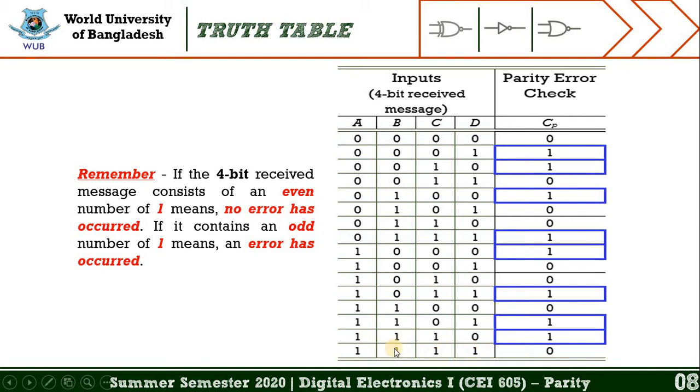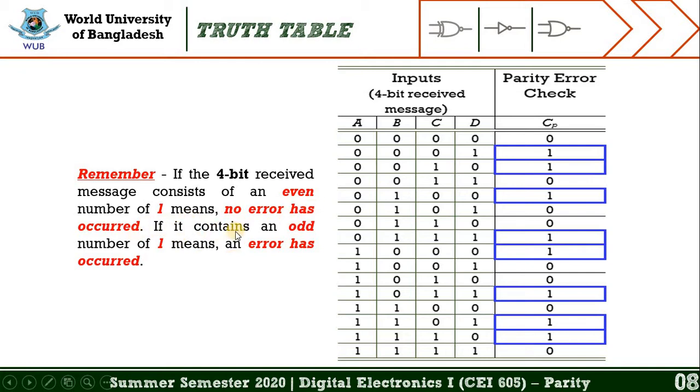One thing you need to remember for this even parity checker truth table is that if the 4-bit received message consists of an even number of ones, it means no error has occurred.